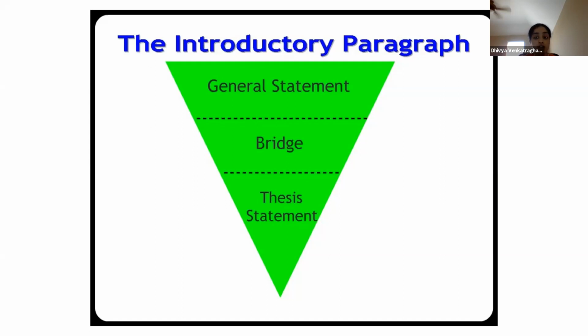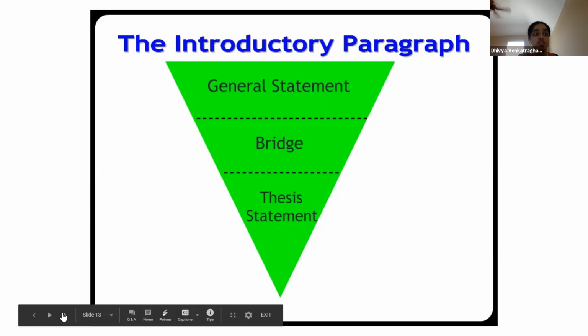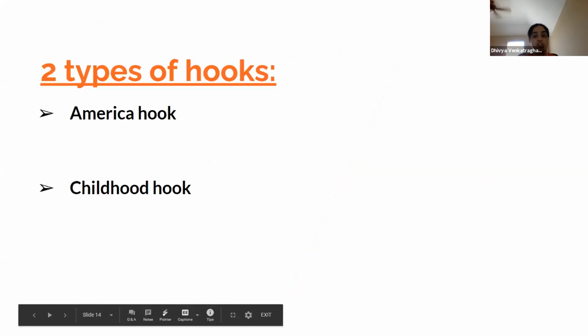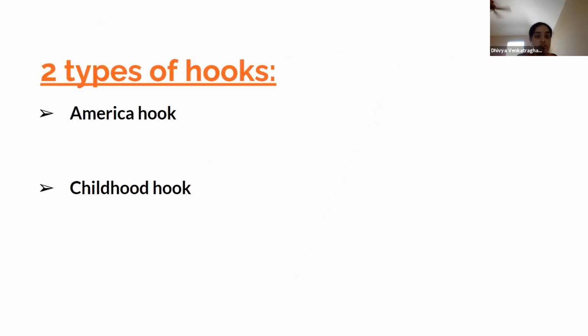But fortunately, there is a solution to the struggle of coming up with a good hook. You may always be used to writing these rhetorical questions, but we have found a solution. There are two types of hooks that we could possibly use. First, we have the America hook, where you can talk about the course of America's history or what is going on in America right now.